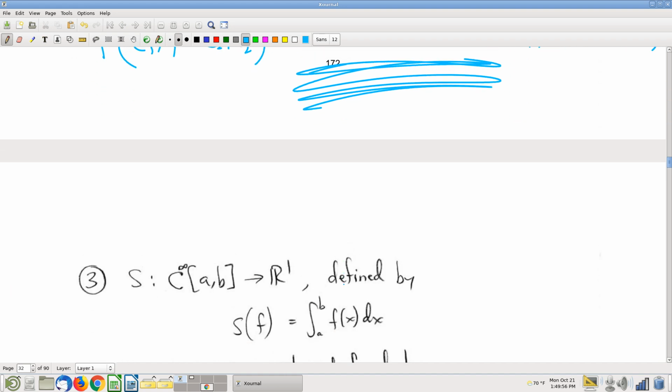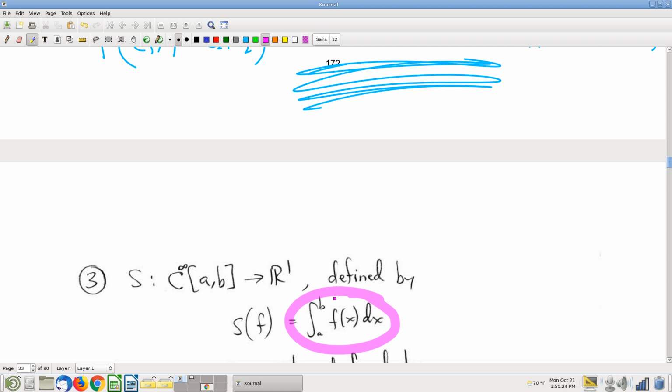Next one. Here's another weird looking one. This thing here. Yeah. That scary looking thing is a linear transformation. Now again, suitably interpreted, right? I am not saying that integrals in general, if you compute an integral, that's somehow a linear result.